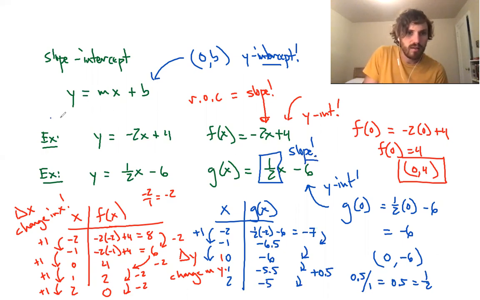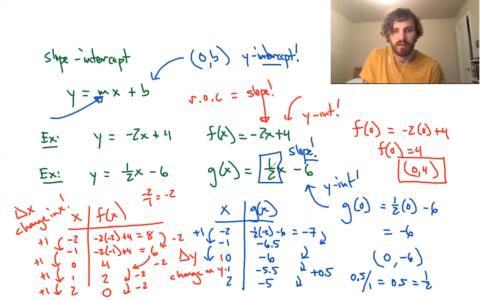So I know that this right here, the m value, that's just a number. So in this case, -2, in this case, 1/2, that is my slope, or constant rate of change.